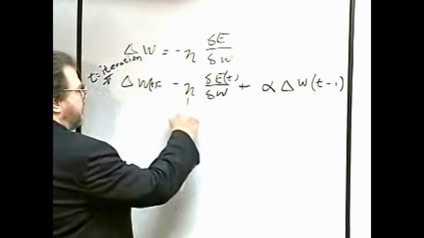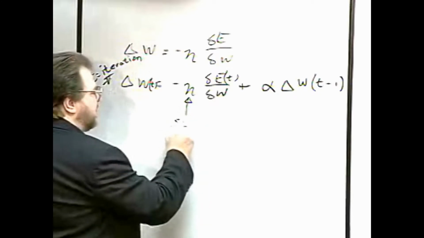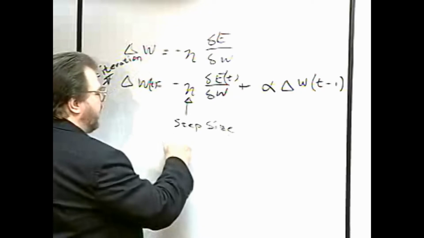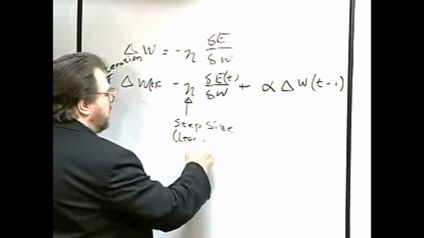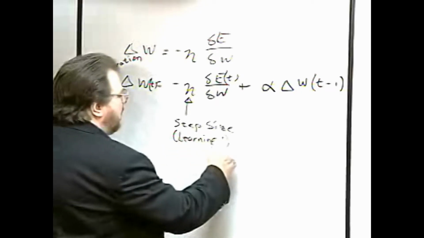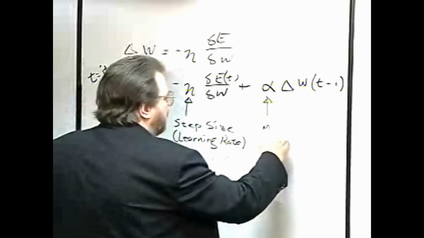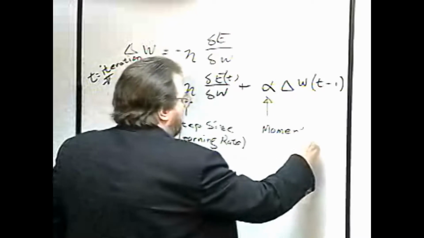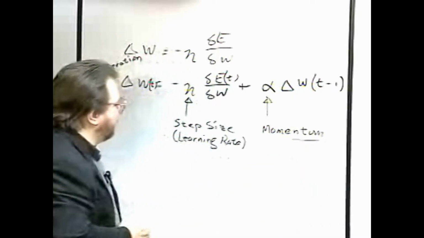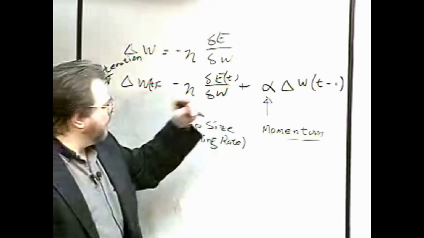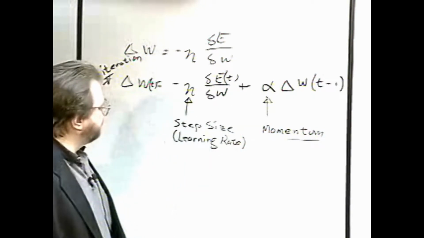Now, clearly, we have two values now. We have the step size, which is also referred to sometimes as the learning rate, and we also have a parameter which is referred to as the momentum coefficient. These are values which one chooses in determining the search.